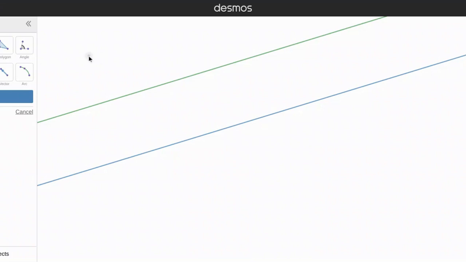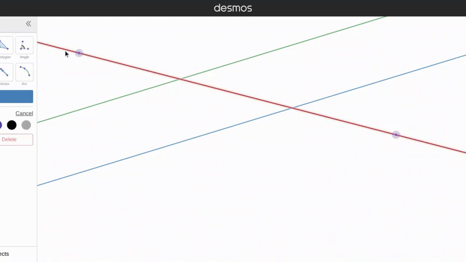Remember, a transversal line is a line that goes through and intersects two or more lines. Let's change this line to red. That's my transversal. Let's label this point. Let's call this transversal. I'm going to hide this point over here. I don't need it.